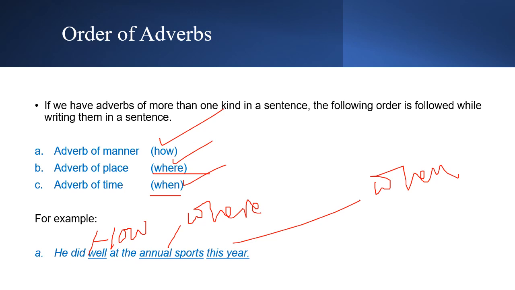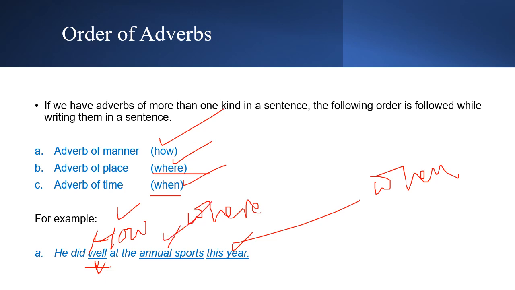Now what I do is leave this space empty and try to create a question. He did something at the annual sports. How did he do at the annual sports? How means this is the adverb of manner, so the right place. He did well at something this year. We know that he did well, and we know it was this year, but where was it?